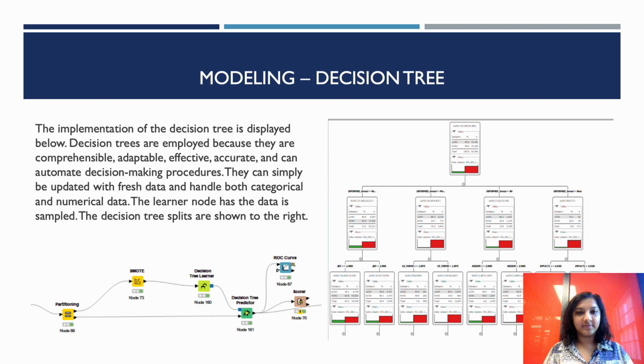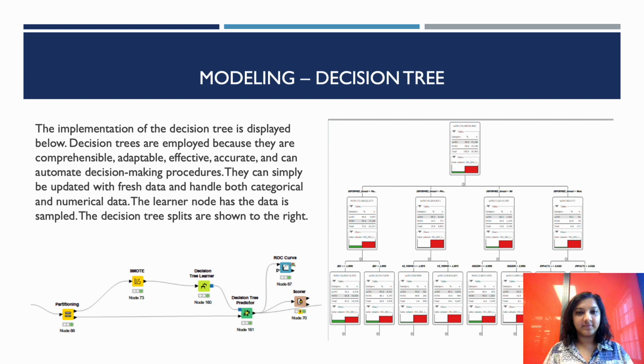Thank you, Scott. For modeling, we have used decision tree model, Naive-Bayes model, random forest model, ANN model, and logistic regression. Starting with decision tree, decision trees are some of the most popular classification models due to their simplicity.